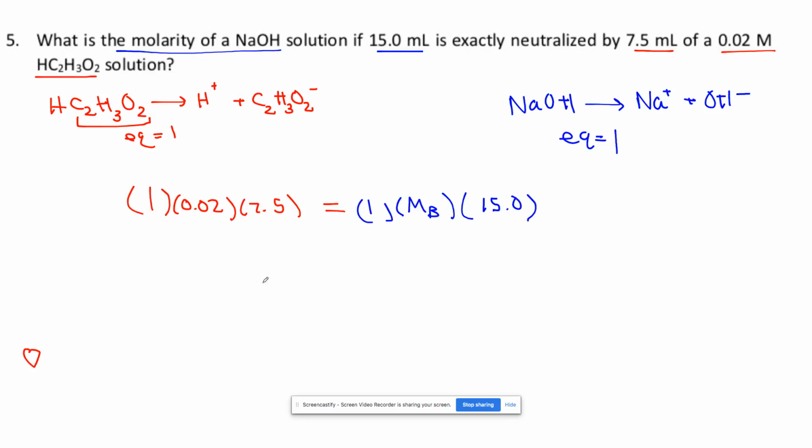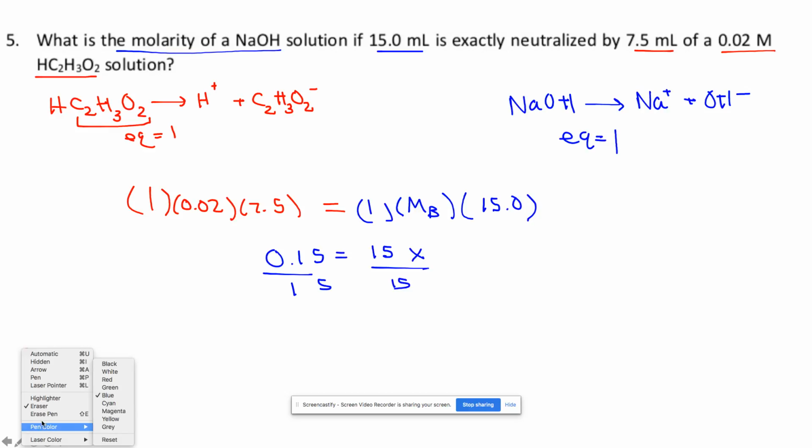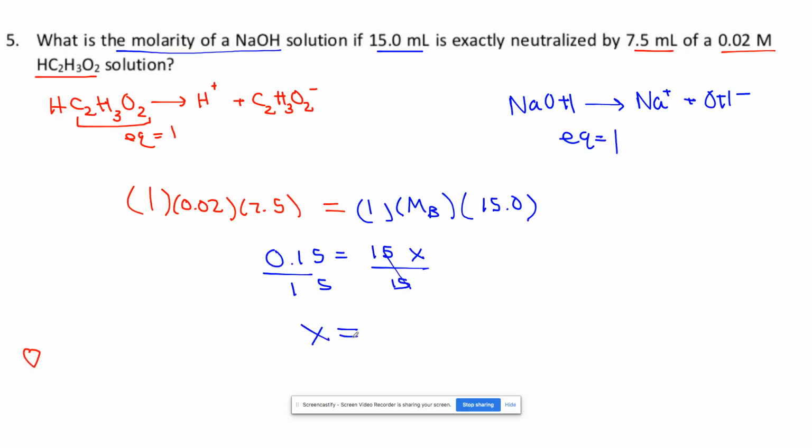So go ahead and do your math. Multiply these 3 things together, you get 0.15 equals 15 times x. Get rid of that by dividing both sides by 15. So do your math and you're going to get 0.01.